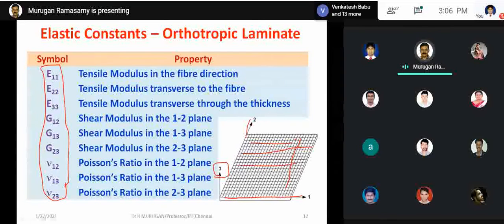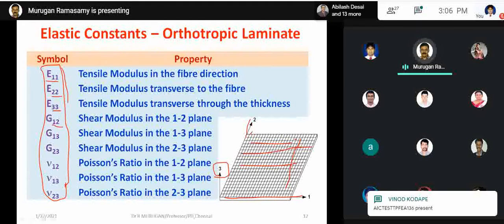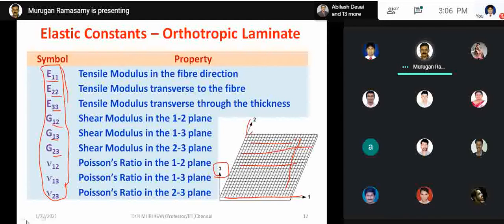Here 1 is called the warp direction, 2 is called the weft direction, and 3 is called the thickness direction. Based on that, we have E11, E22, E33, 3 elastic moduli. Similarly, 3 shear moduli, G12, G13, G23, for the 3 planes, and the Poisson ratios nu12, nu13, nu23. If you want to do analysis of a laminated composite, we should know the values of these 9 constants.